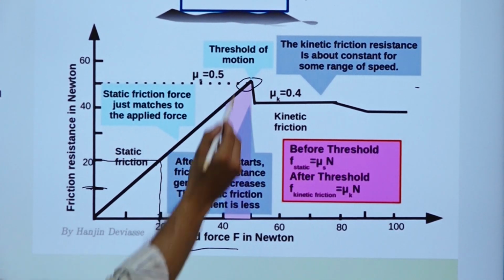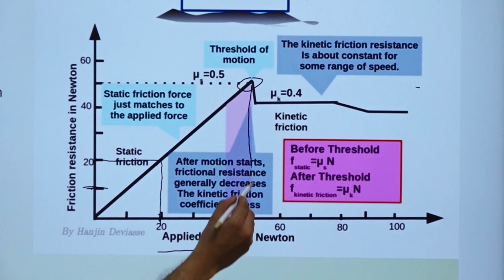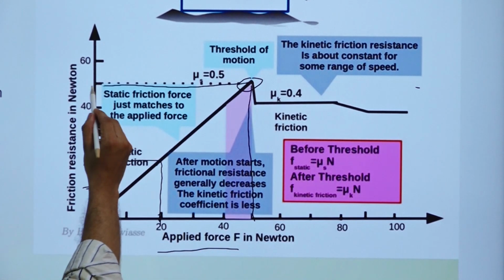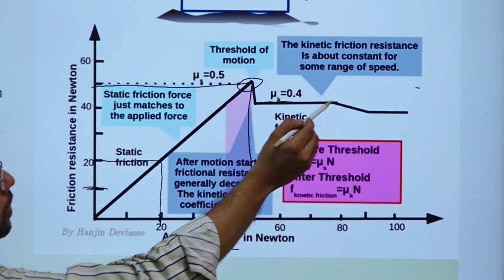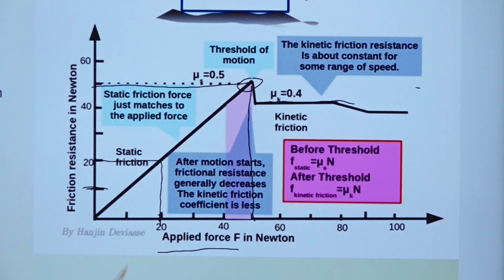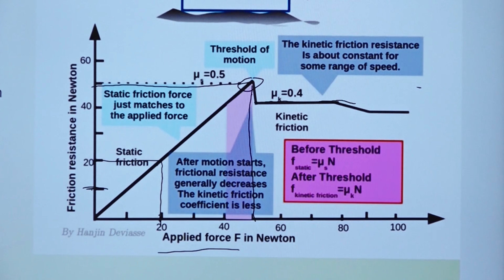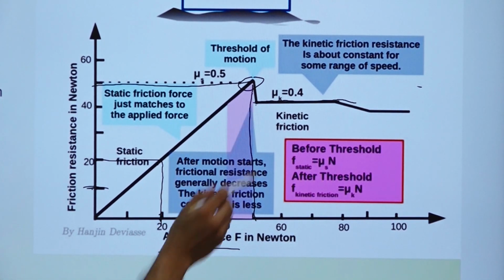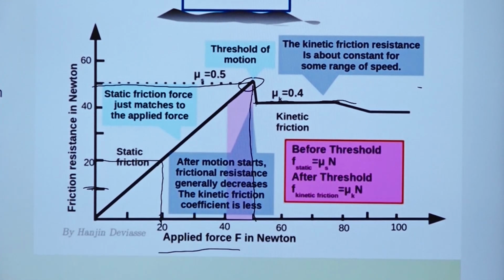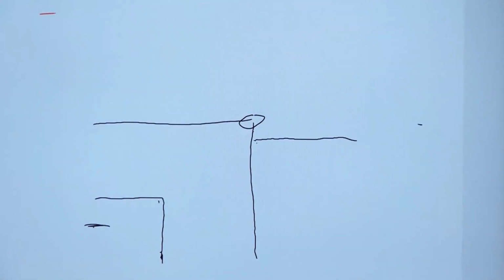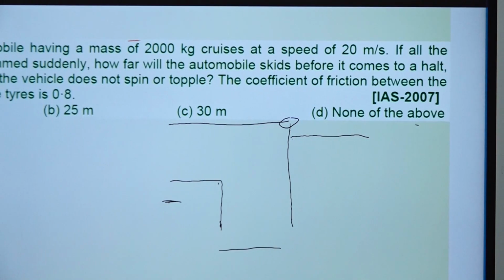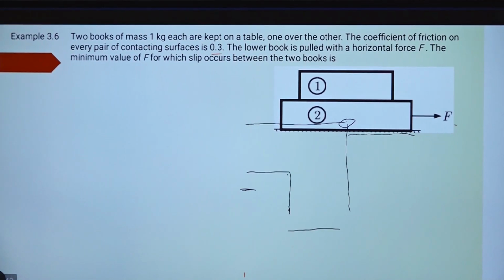But after the threshold limit, the friction force will become almost constant, and you can increase the applied force while the friction force stays constant and the mass will start moving, right? So the same concept we are going to use here.